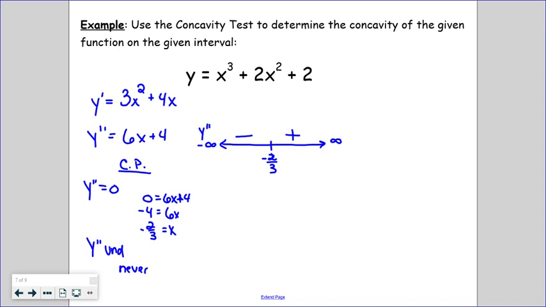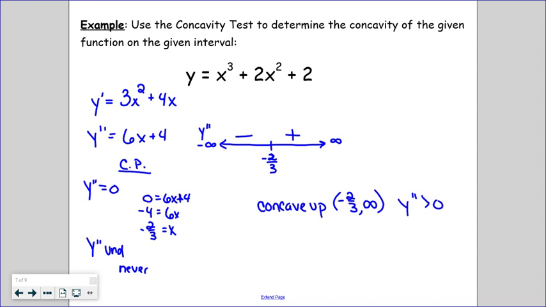And then reading and interpreting your second derivative test, it tells us about our concavity. It is concave up any place that our second derivative is positive. And the interval that our second derivative is positive is negative 2/3 up to infinity. The reason: second derivative, I guess it's called y double prime, is positive.